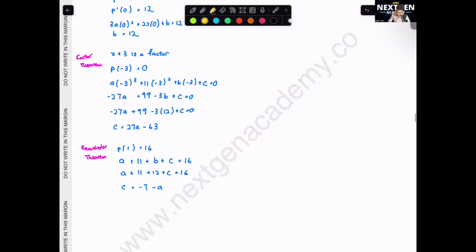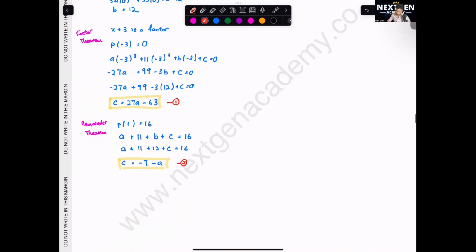Okay, so we got 2 equations here, equation 1 and equation 2. Let me just double check the value. c = −7 − a. So you substitute both together: sub 2 into 1. 27a − 63 = −7 − a. Here it becomes 28a = −7 + 63, which is 56. So a is equal to 2.